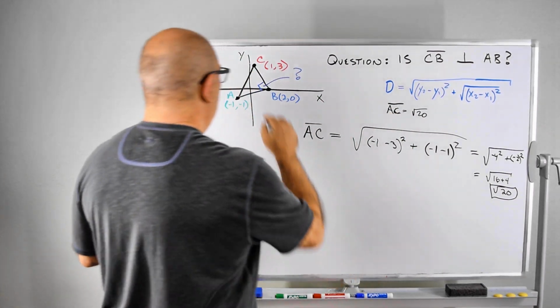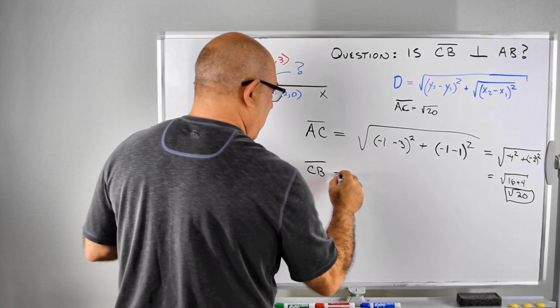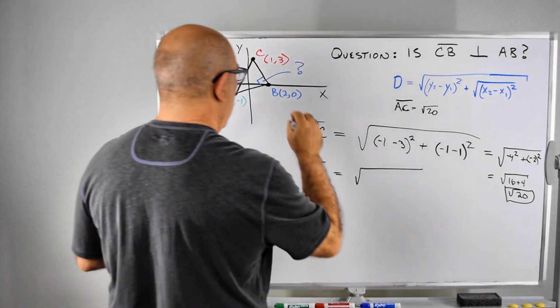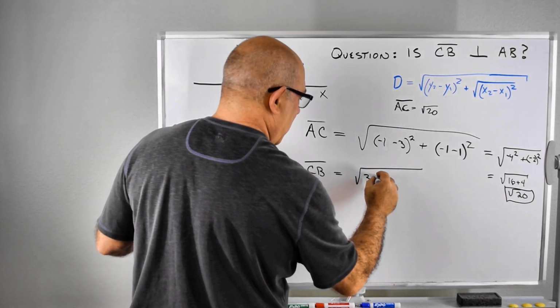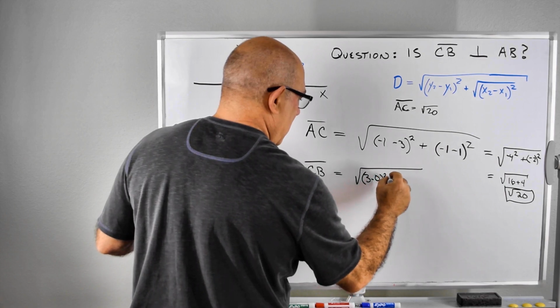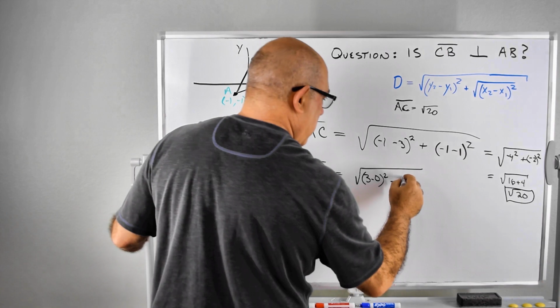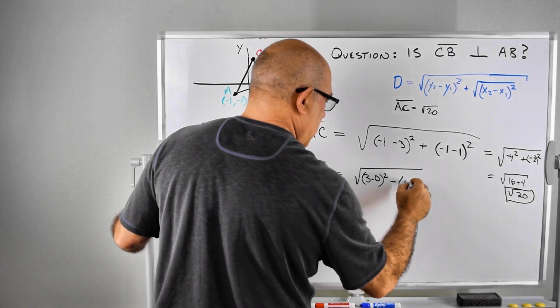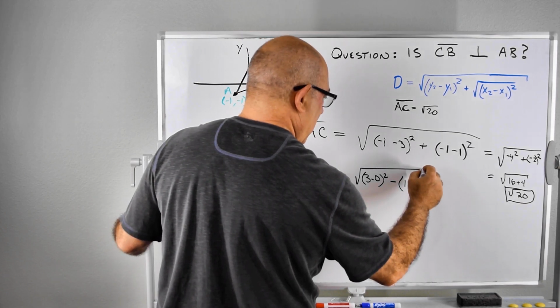Okay, now let's work on CB. So CB equals the square root of 3 minus 0, working on the y first, minus 1 minus 2. Okay, and that's squared.